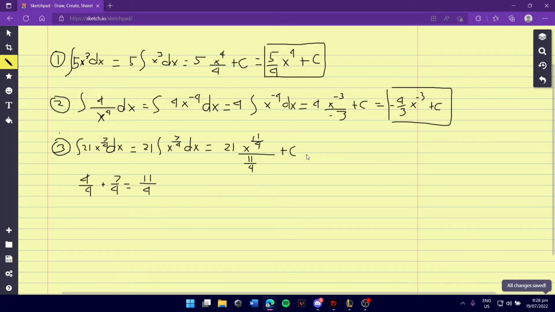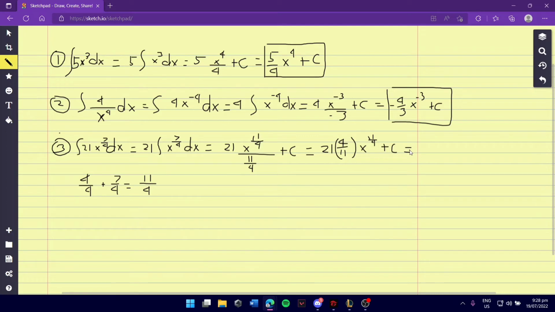So now we will simplify this. We will transpose it in the numerator. So we'll have 21 times 4 over 11, like that. Then copy x raised to 11 over 4 plus c.